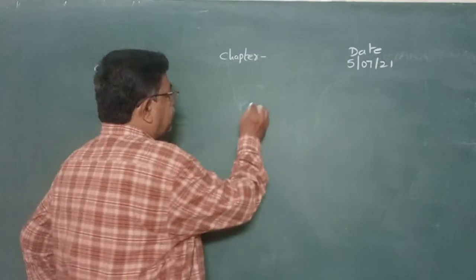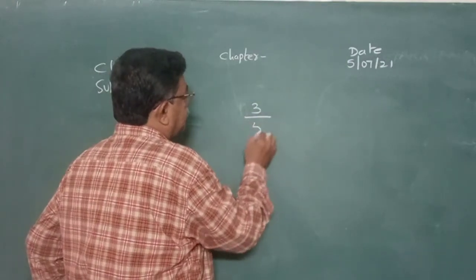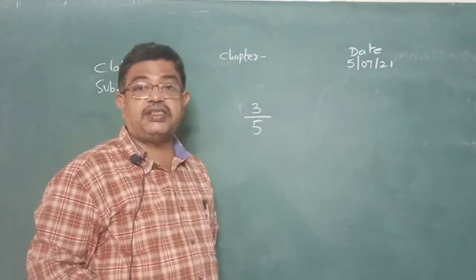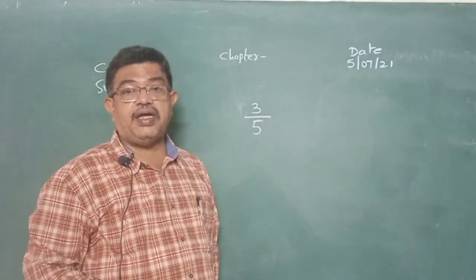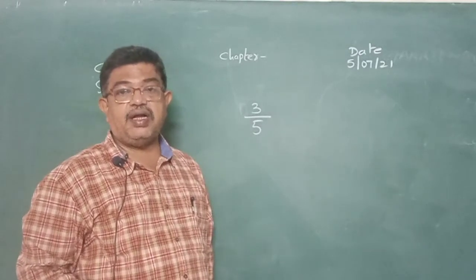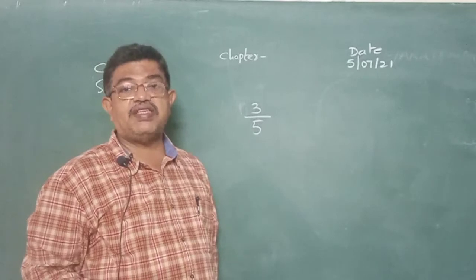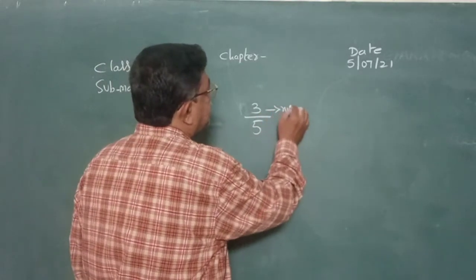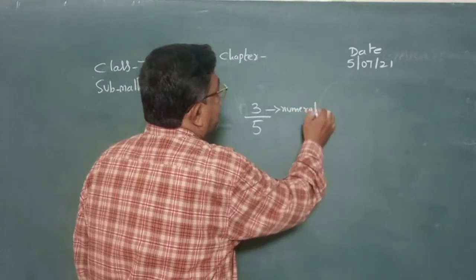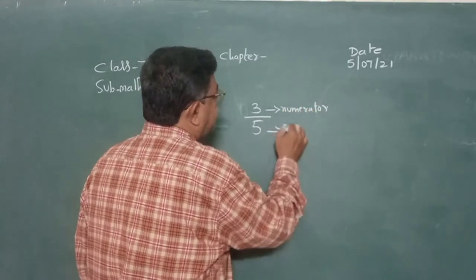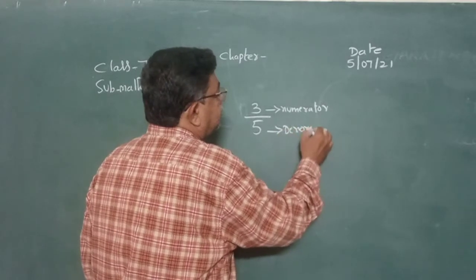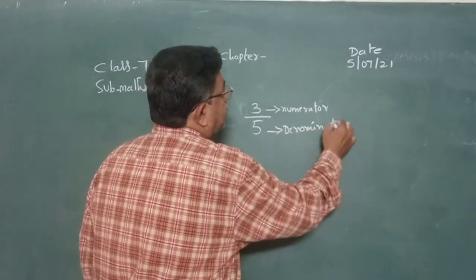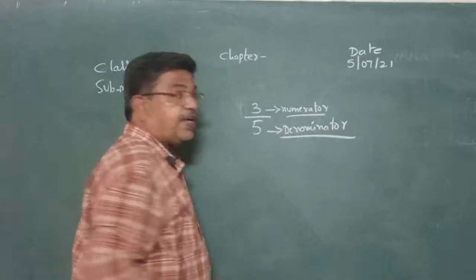What is this fraction? We call this 3 by 5. What is the numerator? 3. What is the denominator? 5. 3 by 5 is a fraction where the numerator is 3 and the denominator is 5.